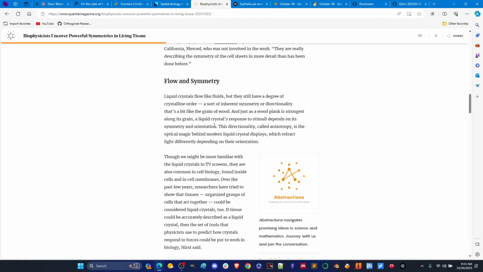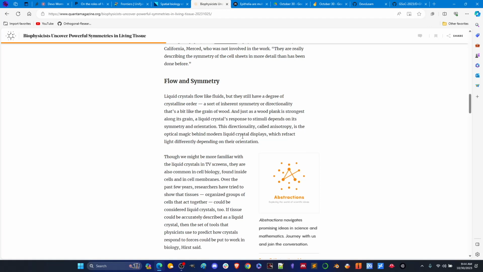So there's a grain of the liquid crystal surface or the interface, the sheet. This directionality, called anisotropy, is the optical magic behind modern liquid crystal displays. That's why they talk about liquid crystal.